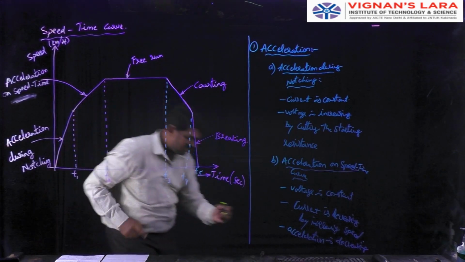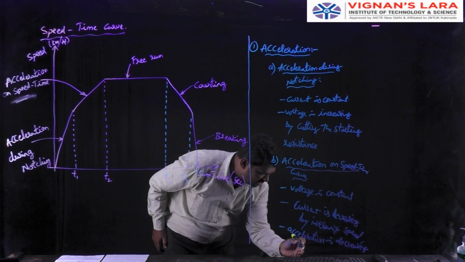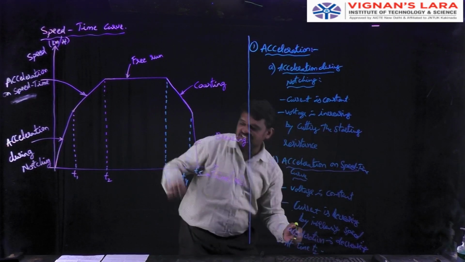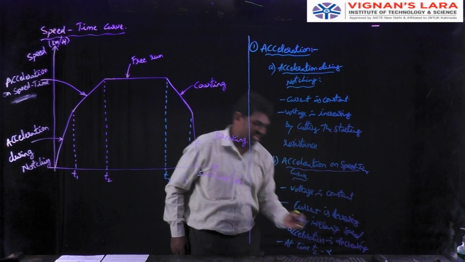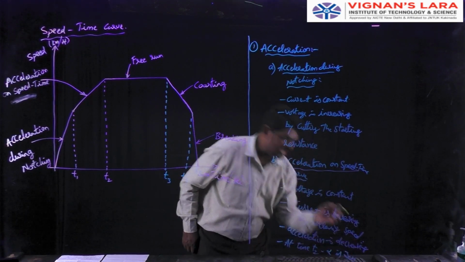At time t2, the acceleration, represented by alpha, is zero.